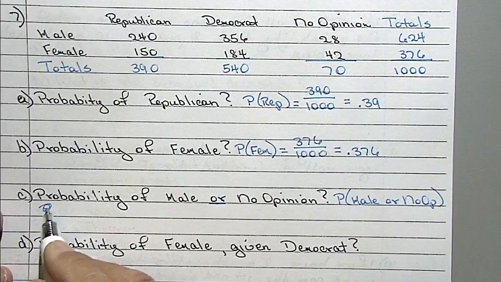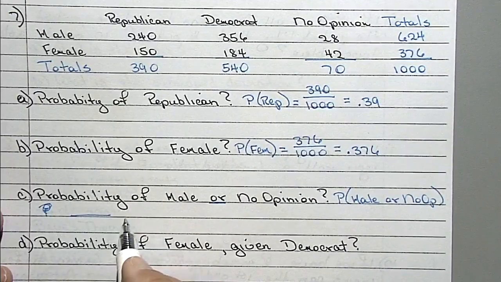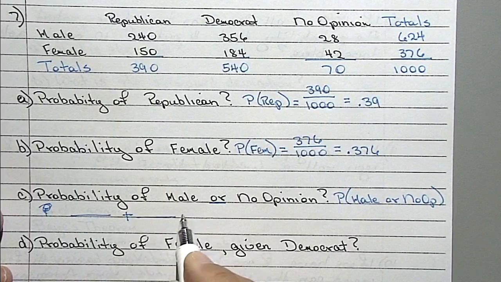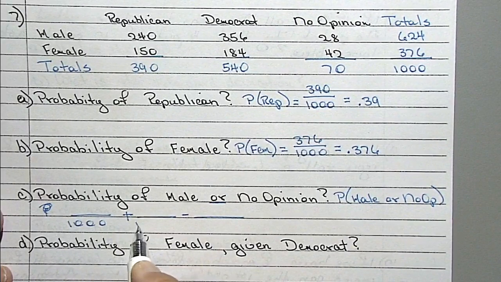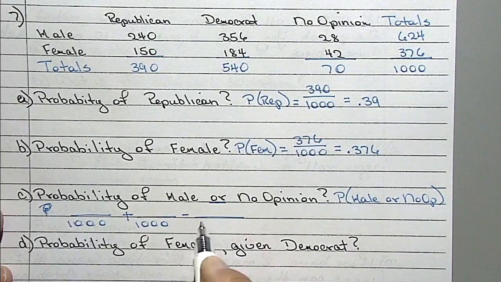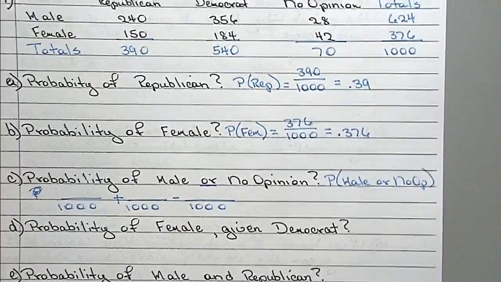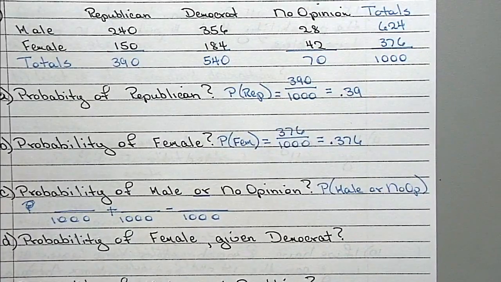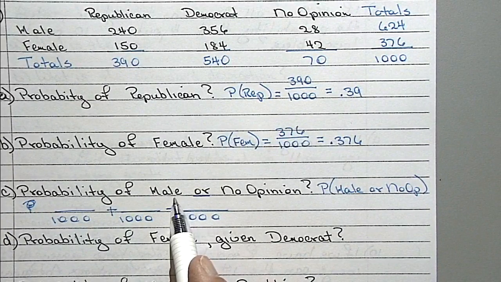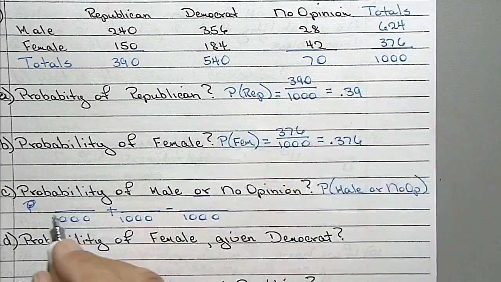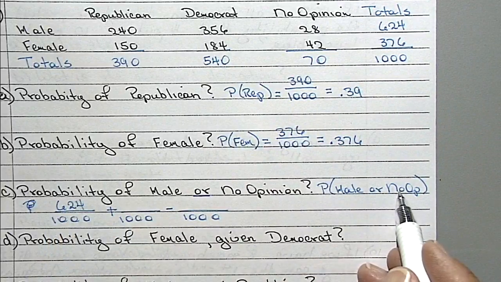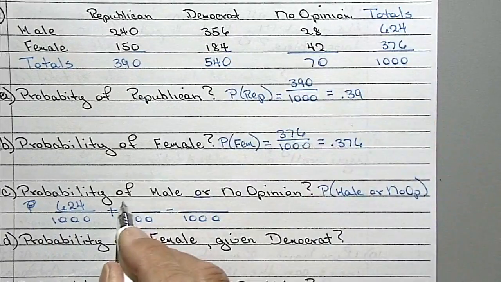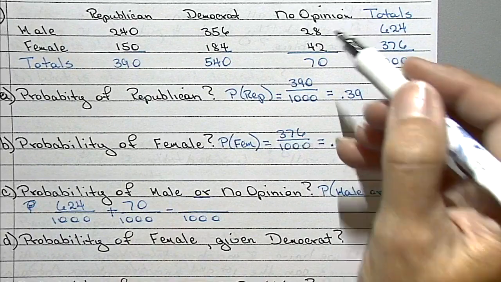Remember this one? We go fractions, don't we? One fraction plus another fraction minus the third fraction. All of them have the total as the denominator. So that makes it easy. It's the way we always start. And now I'm going to say, how many males? Total, 624. How many no opinions? Total, 70. And how many are both?